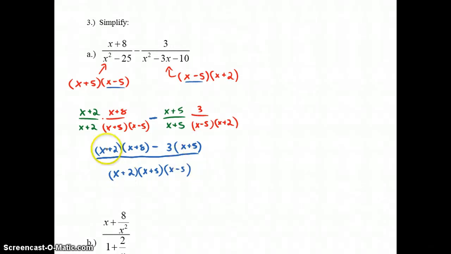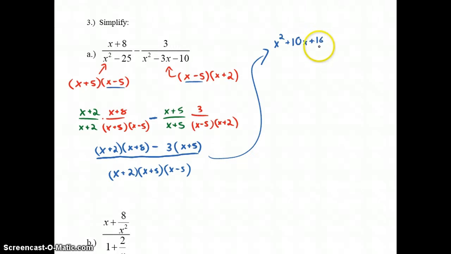Now what some people sometimes want to do is cancel out these terms, the x plus 5 or the x plus 5. You cannot do that because of the subtraction. What we've got to do is combine our terms on the top first. So let's multiply x plus 2 times x plus 8. That's x squared plus 10x. Is that plus 10x? Yes.